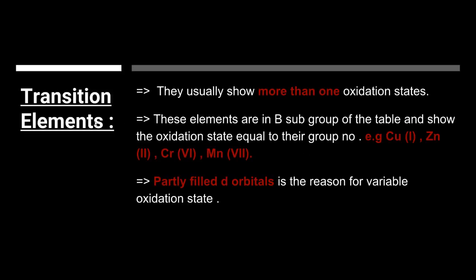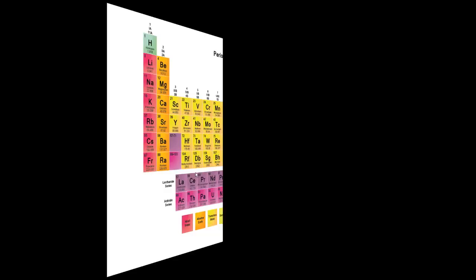Now the transition elements, which are the subgroup B, usually show more than one oxidation state. These elements also show oxidation states equal to the group number, as can be seen for copper 1, zinc 2, chromium 6 and manganese 7.